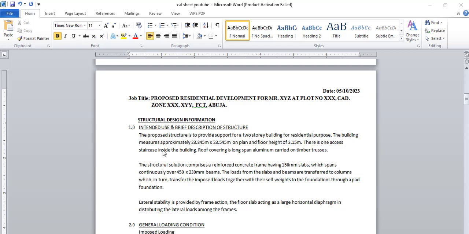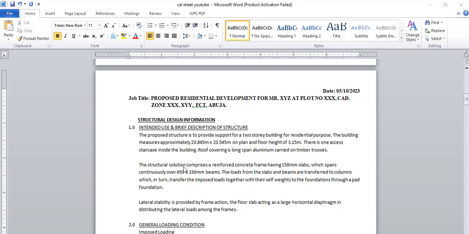Then the building measures approximately 23.845 by 23.545 meter on plan, and floor height of 3.15 meter. There is one access staircase inside the building. Roof covering is long span aluminum carried on timber trusses. So here you determine if it's a steel structure, how many staircases are there, what's the height of the floors, and what's the approximate measurement.